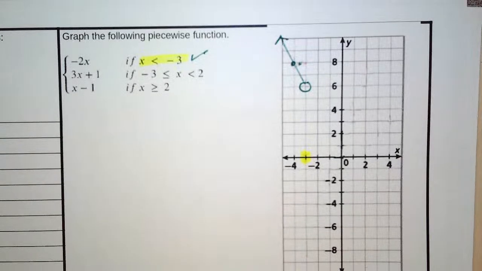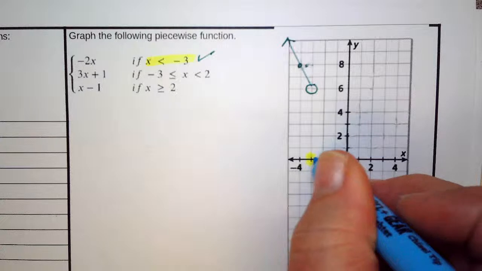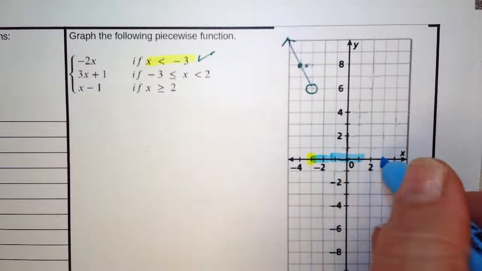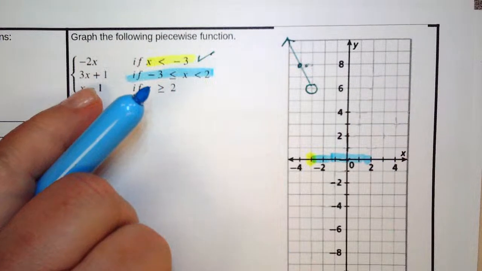Okay, now, next we're going to look between -3 and 2. For this part of the graph, here's -3 and up to 2. This is the part we're looking at now. 3x plus 1.